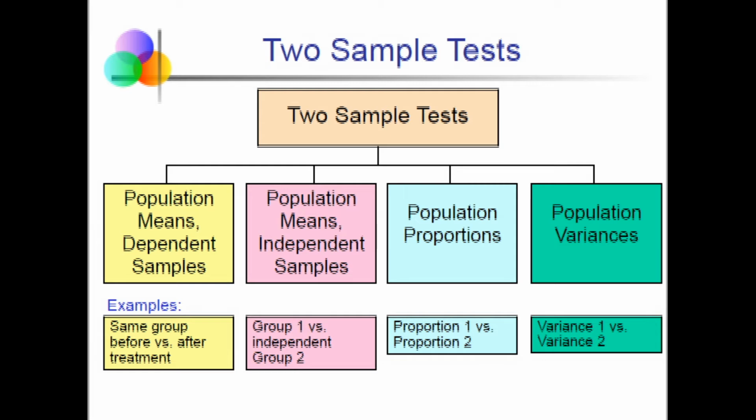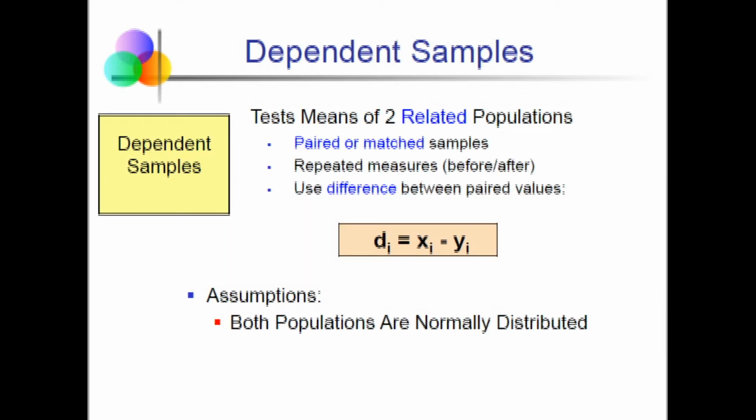Then we're going to test population proportions and population variances. This is similar to what we did when we constructed confidence intervals for multiple proportions, but in this case, we are testing hypotheses.